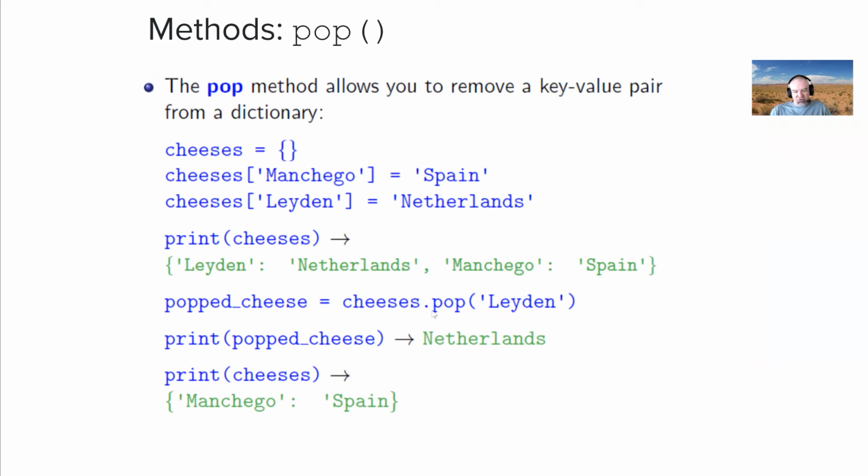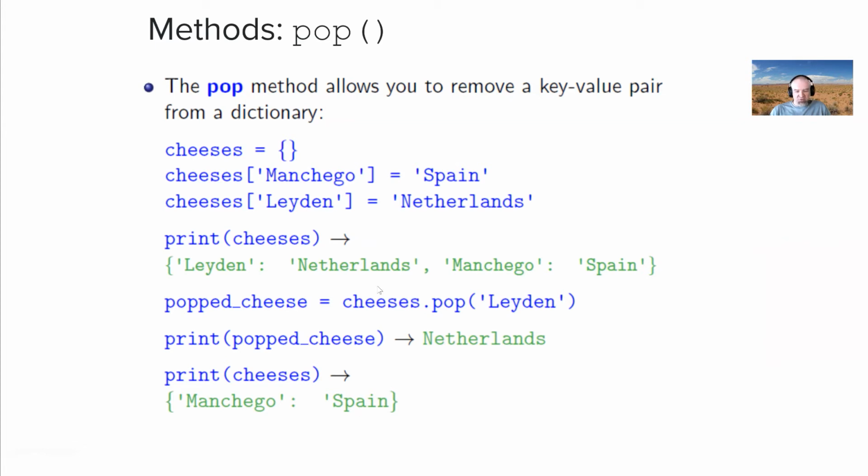And if we do cheeses.pop Leiden, we can tell it which key value pair to pop. Here we're removing the Leiden Netherlands key value pair, so what's going to be left in cheeses is going to be Manchego and Spain.